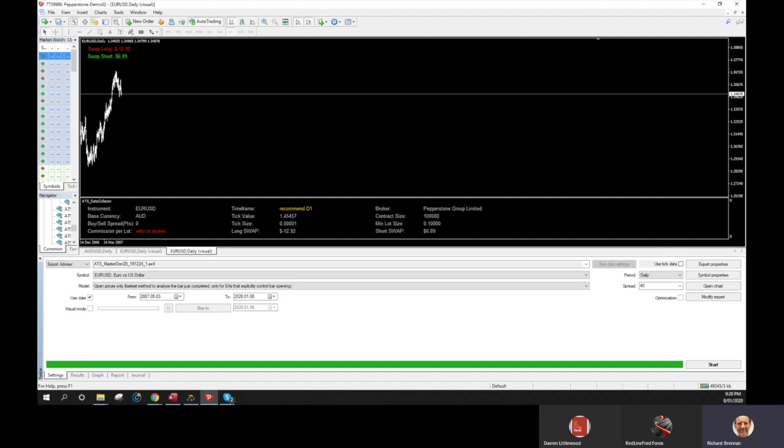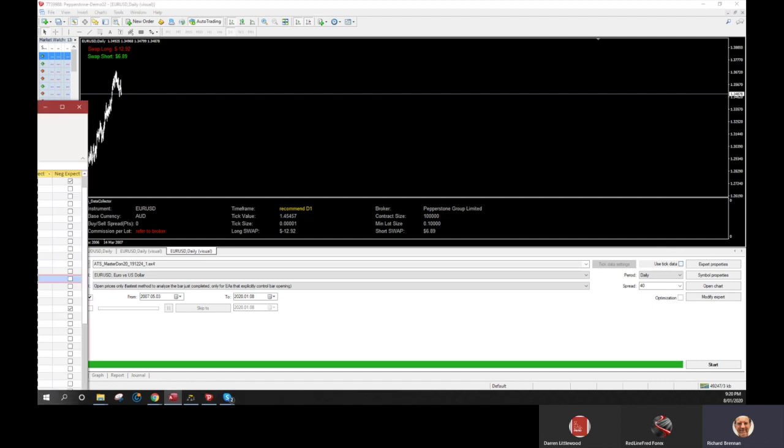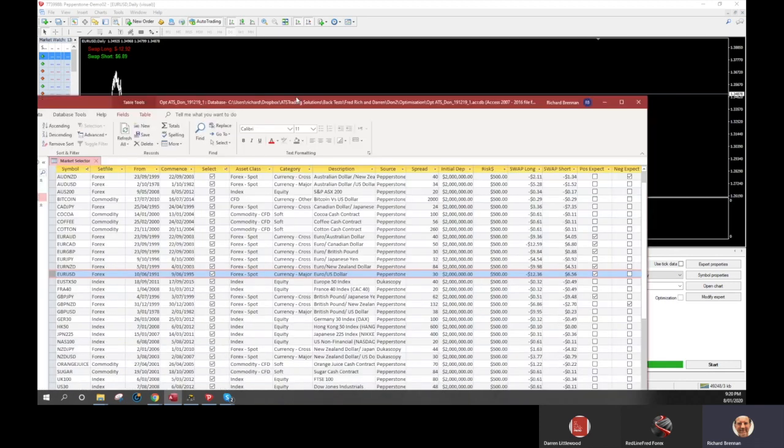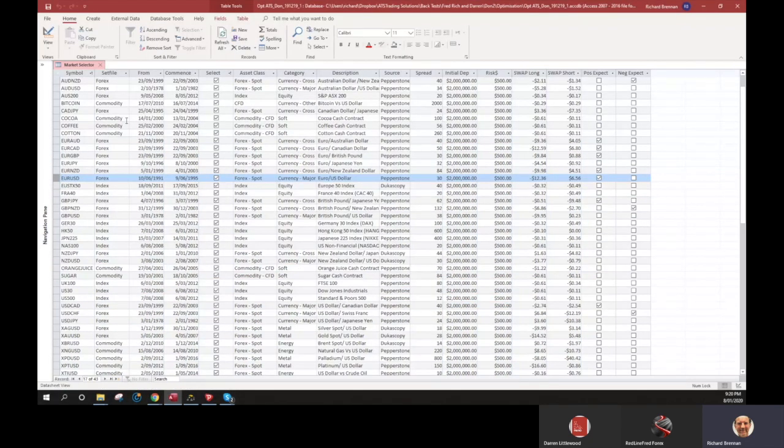And just to explain, with the Pepperstone, I'm bringing over a database here, which is where we've input all of the design specifications of our particular date ranges for the particular instruments that we're testing. So with EURUSD, our Pepperstone data is from 10th of the 6th, 1991.